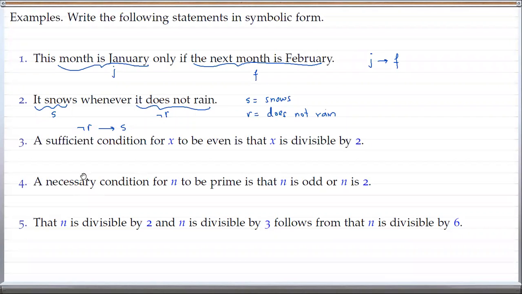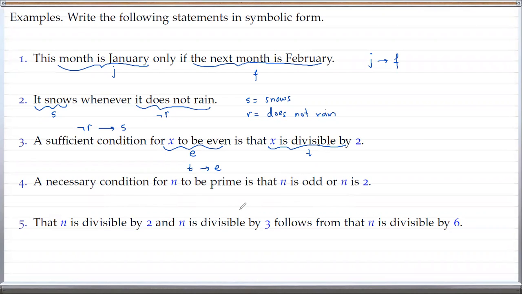The next example, a sufficient condition for x to be even is that x is divisible by 2. In this case, again, we need to figure out which one implies which one. In this case, this part implies this part. So if I denote this by T and this by E, then we have T implies E. The next example, a necessary condition for n to be prime is that n is odd or n is 2.